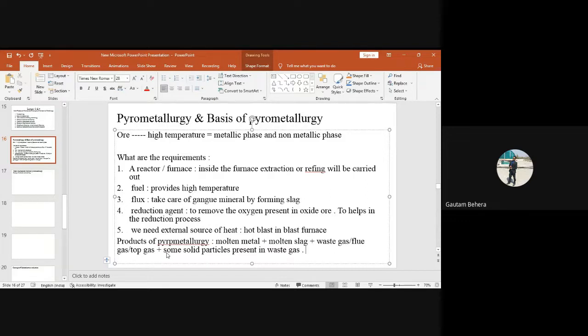So these are the products of the pyrometallurgical process.